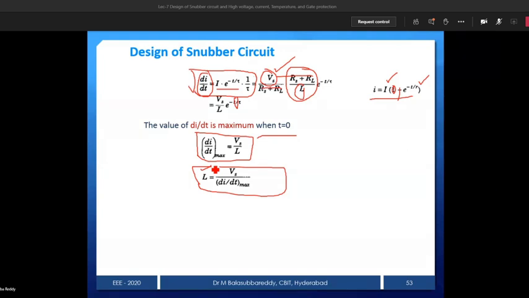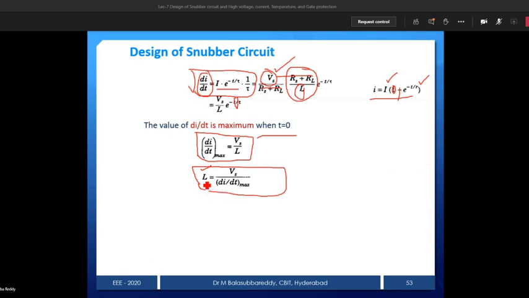They may give the data and ask you to design the snubber circuit parameters. What are the snubber circuit parameters here? Cs value, Rs value and L value. Cs, Rs are the snubber, and L is connected in series with the SCR, which is the di by dt limit. So these total parameters you can easily find out by using this formula.